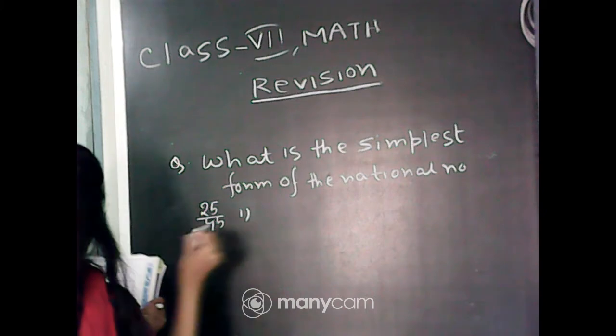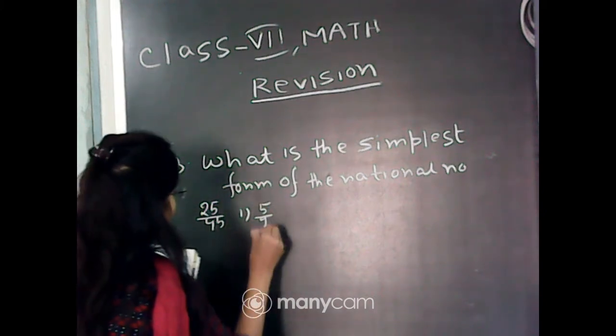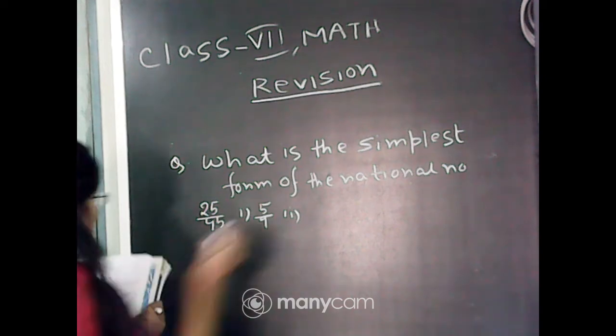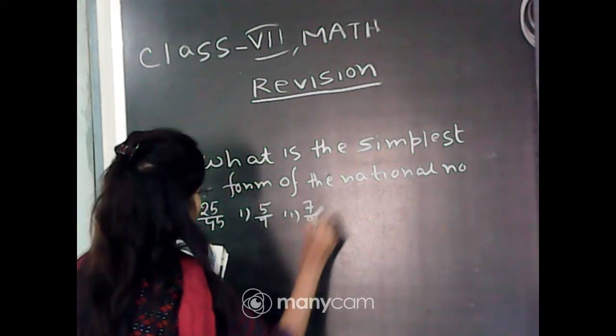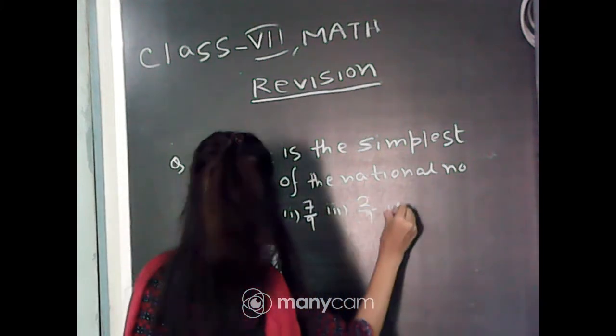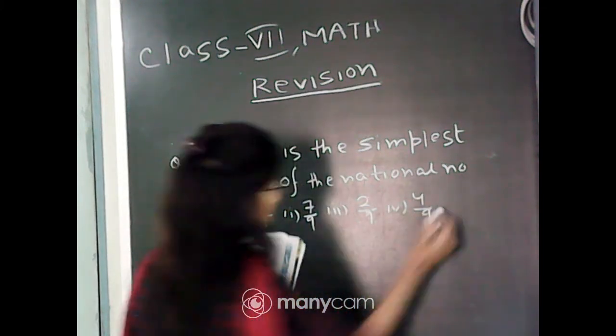Option 1 is 5 by 9. Option 2 is 7 by 9. Option 3 is 2 by 9 and option 4 is 4 by 9.